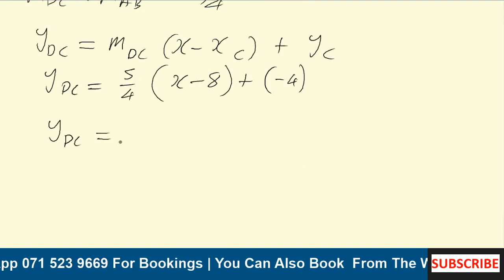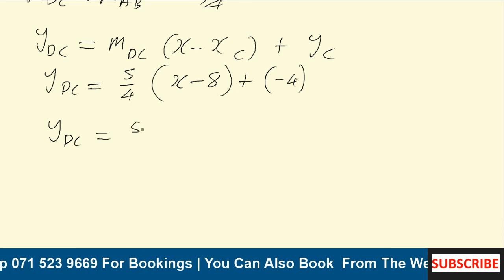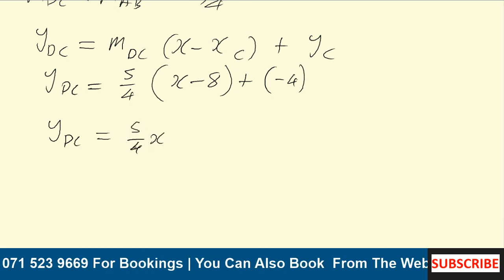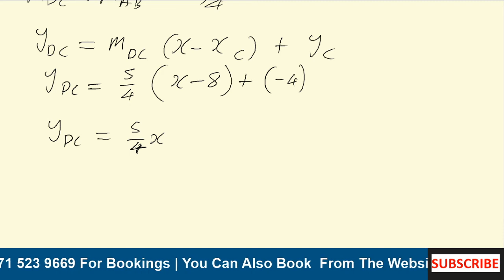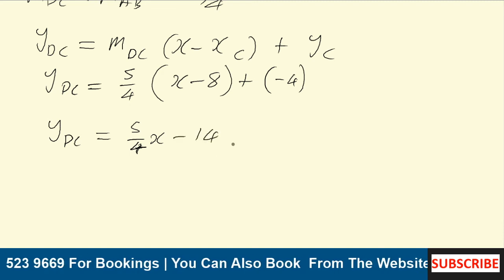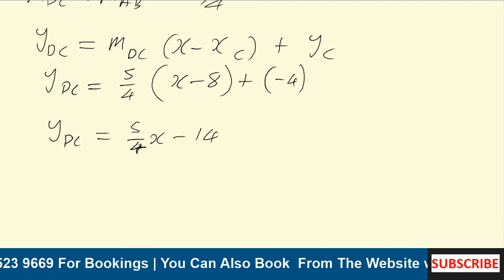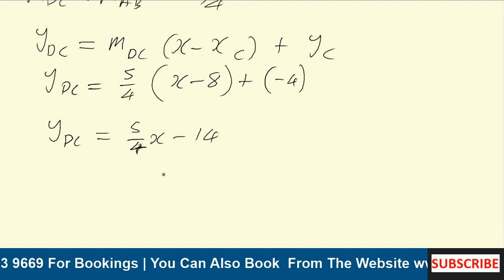Y DC is given by 5 over 4 x minus 14. So this is the equation of line DC.